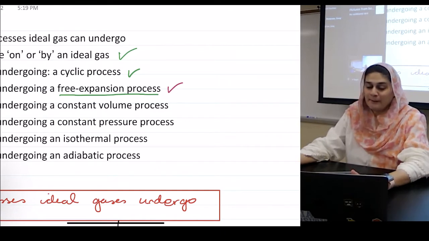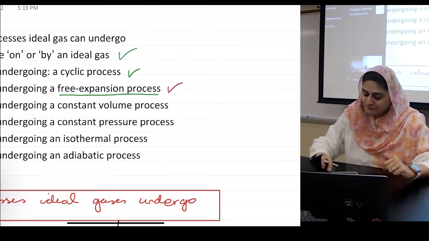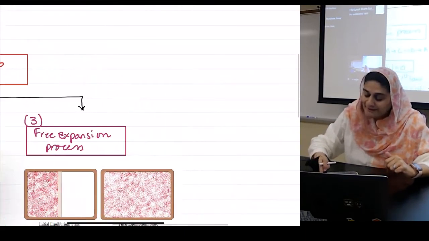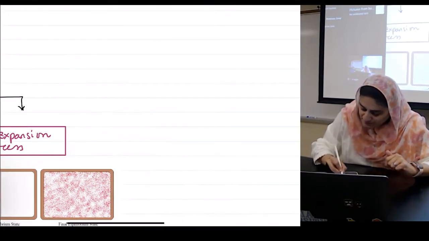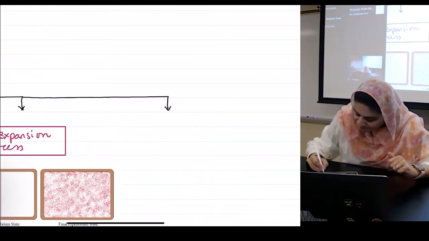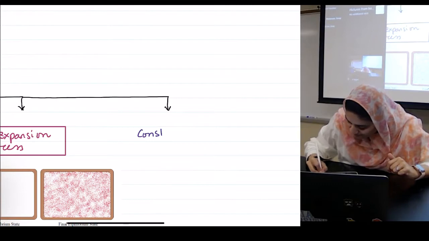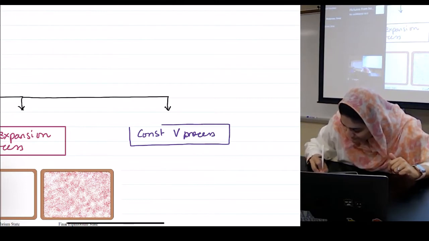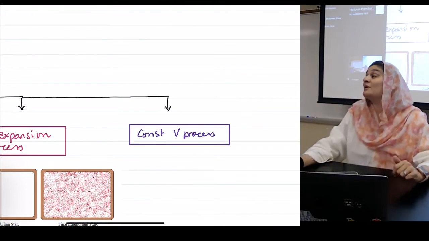Okay, number 4. What is it? Constant volume process. Now I'm going to do purple to make you guys happy. Yay. Purple. Constant volume process. What is a constant volume process called? Isochoric.